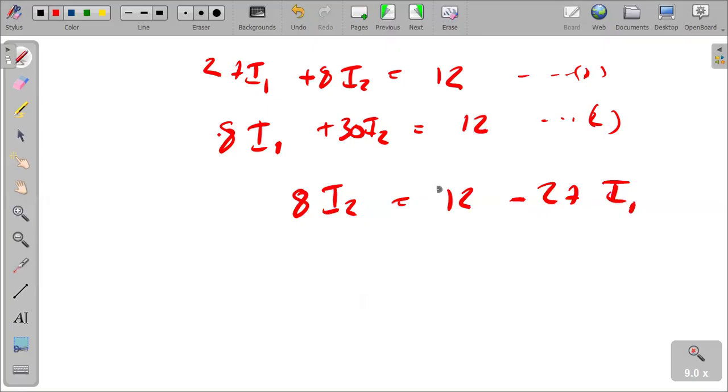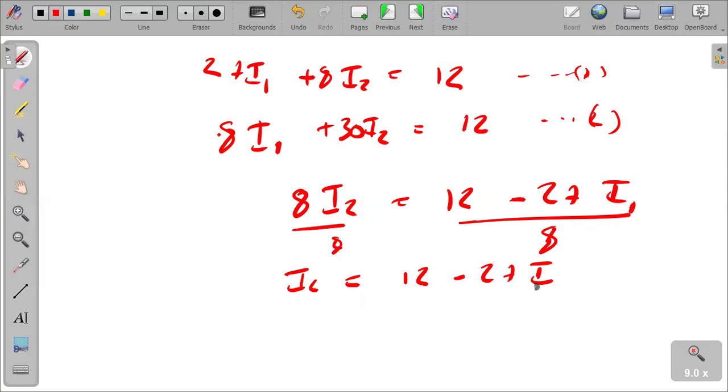Divide that by 8. It means I now have I2 is equal to 12 minus 27 I1 over 8. So it's still fine. I have made I2 the subject. Right, so I now take it and substitute into the second equation.